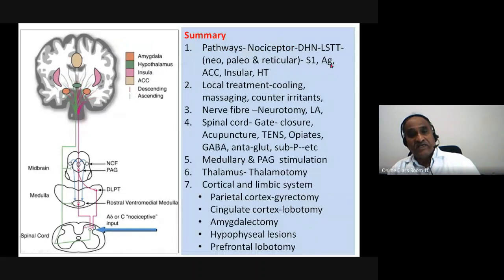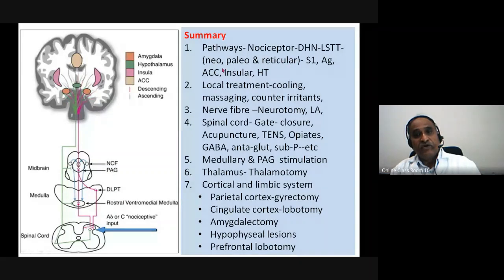Now, I summarize in this diagram the pathways: the nociceptor, dorsal horn neuron, and the lateral spinothalamic tract, divided into neo-spinothalamic, paleo-spinothalamic, and reticular spinal projections.